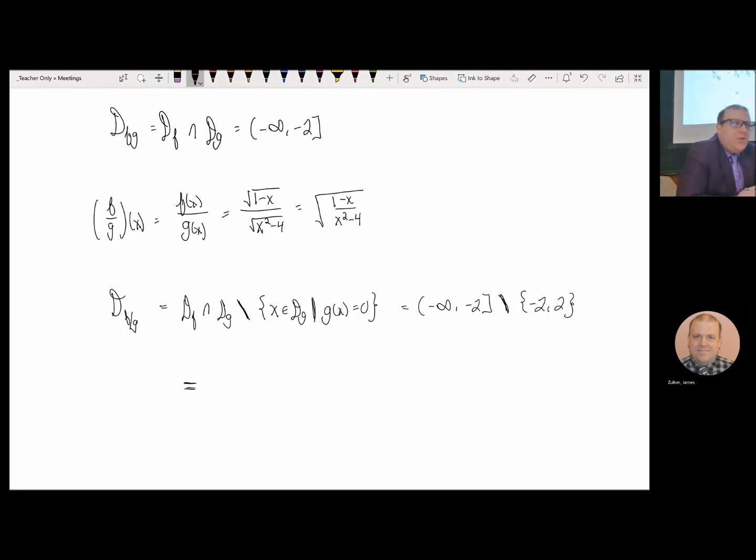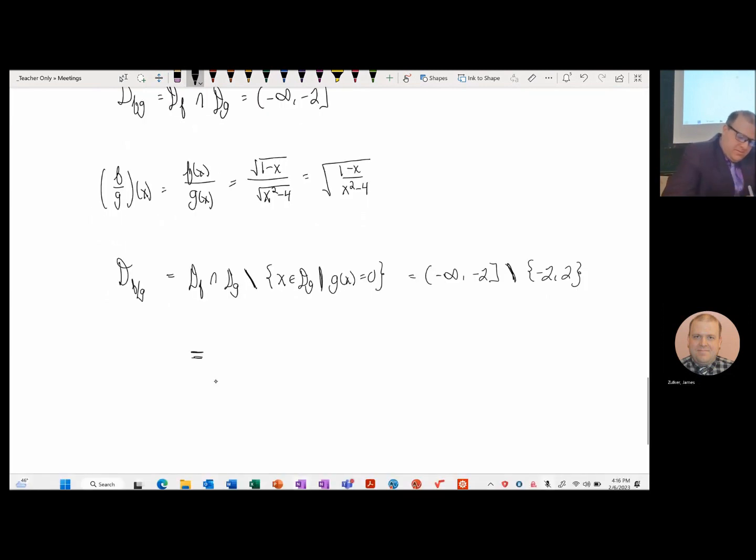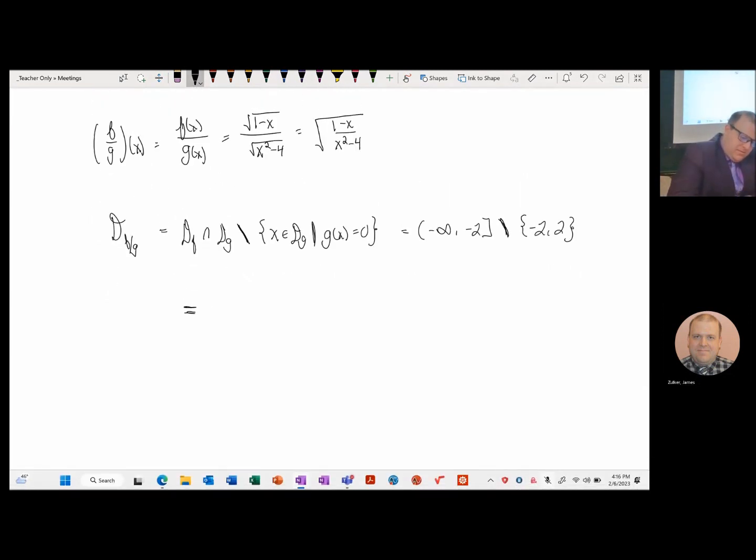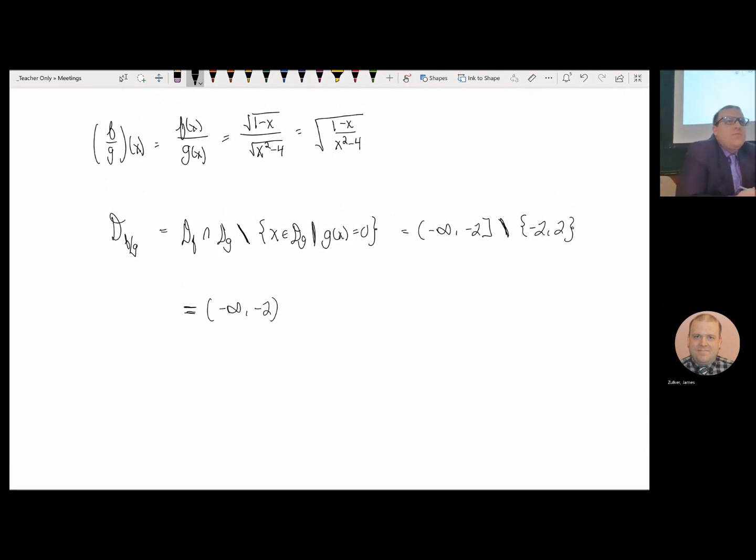Is negative 2 in there? Take it out. Is 2 in there? So we don't have to worry about it. So we're removing negative 2, so that no longer is closed, it's now open. That's what set minus does.